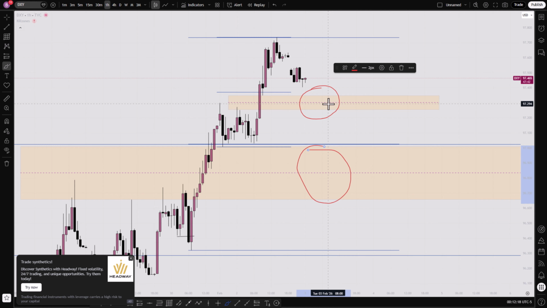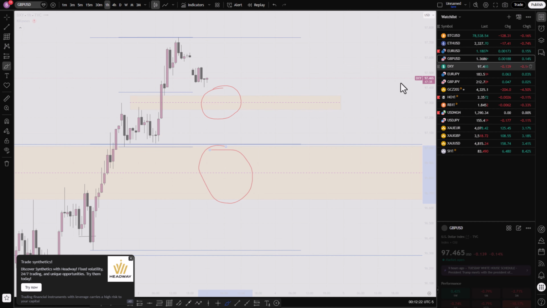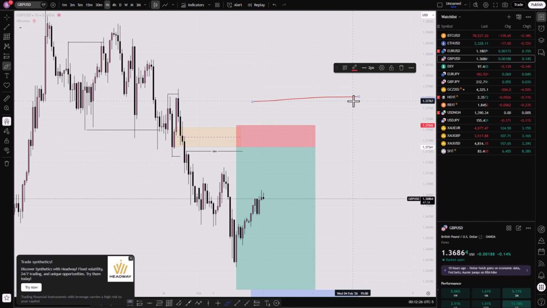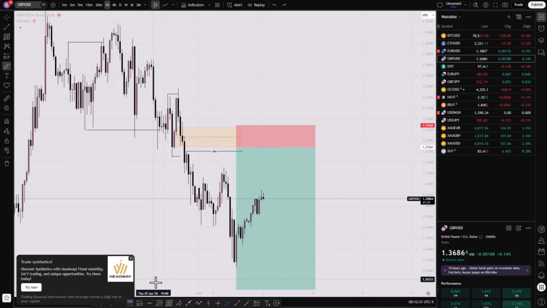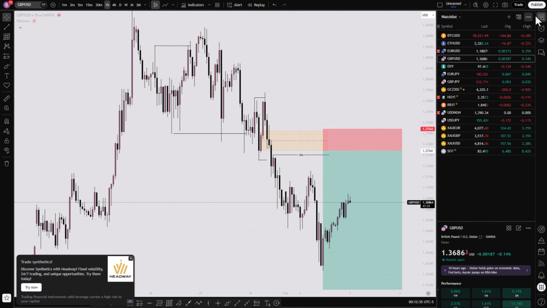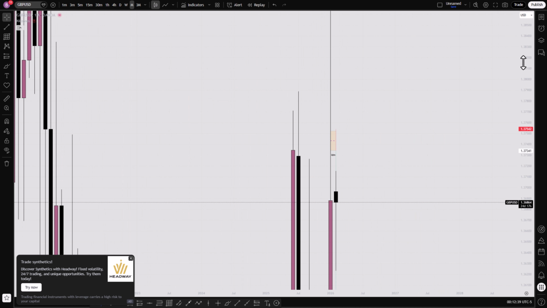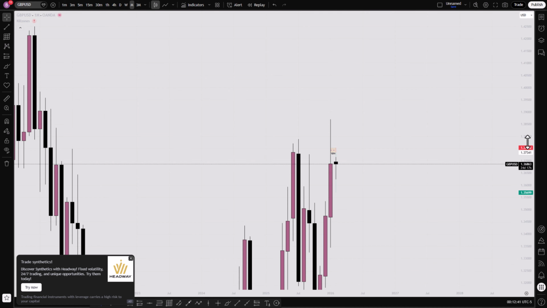So let's go to GBP USD and see what we have on GBP USD. On the monthly time frame, it's almost similar to what we have on the dollar, but in the opposite direction.